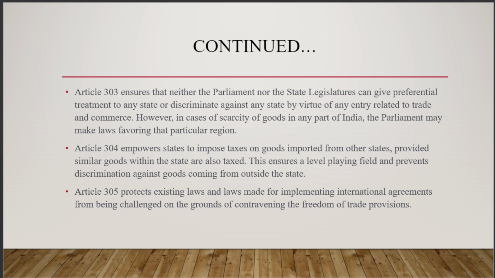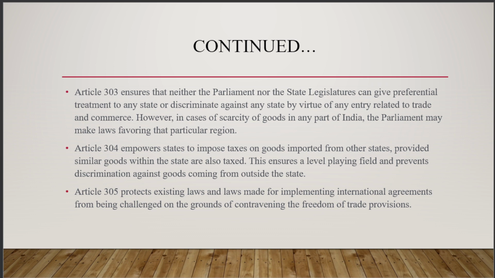So this non-discrimination policy is further explained under Article 303, where it is clearly mentioned that neither the parliament nor the state legislature can give preferential treatment to any state in terms of trade.